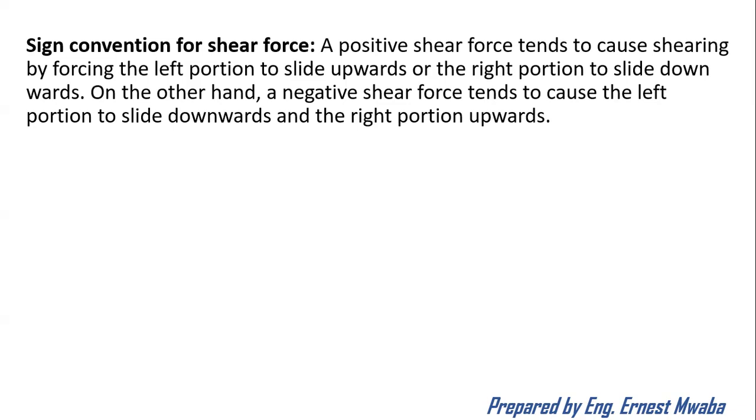In practice, if you are calculating moving from the left going towards the right, all the forces on the left acting downwards are considered to be negative shear. The ones acting upwards are positive shear forces. So in the end, you add them together and get the sum that you're looking for as you continue with your calculation.